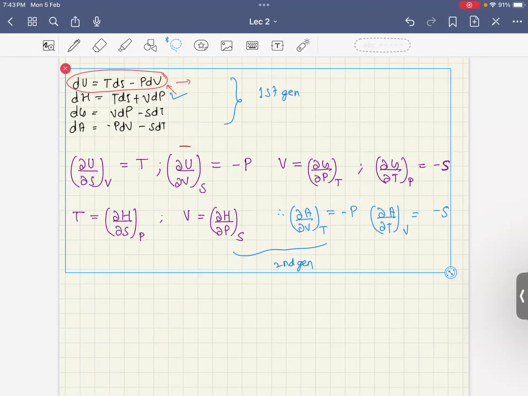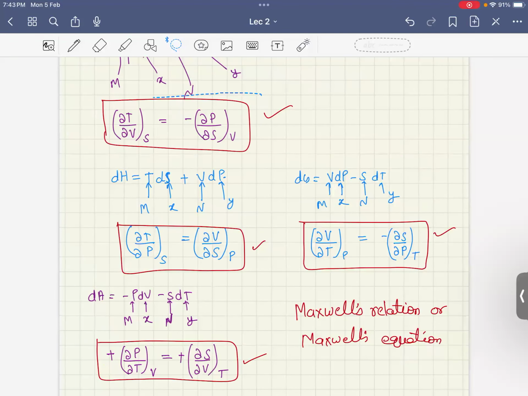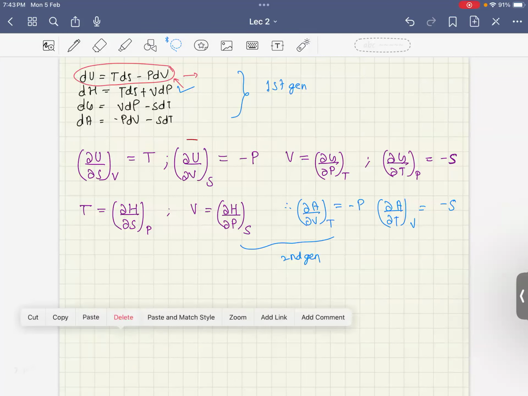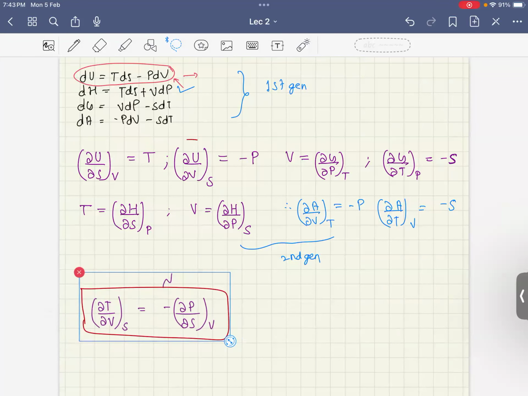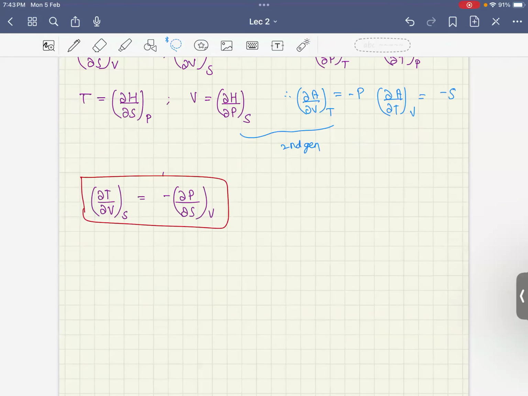So this is like a formula sheet which we are making.